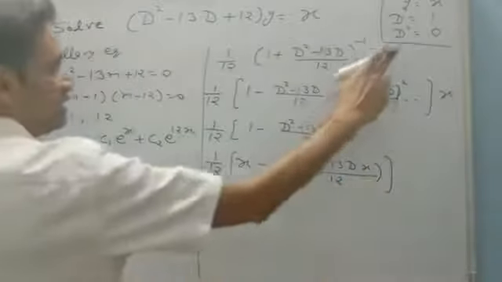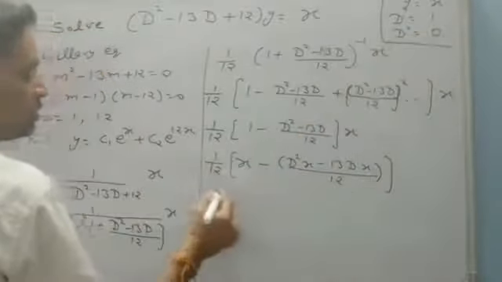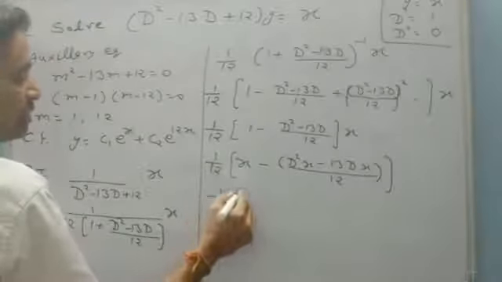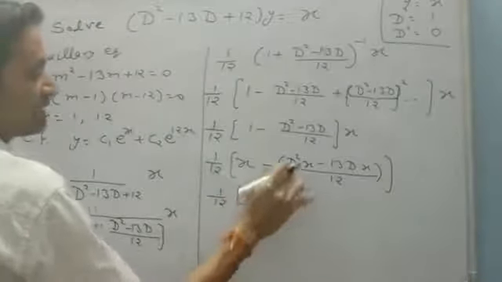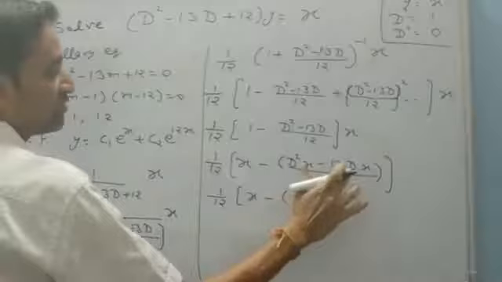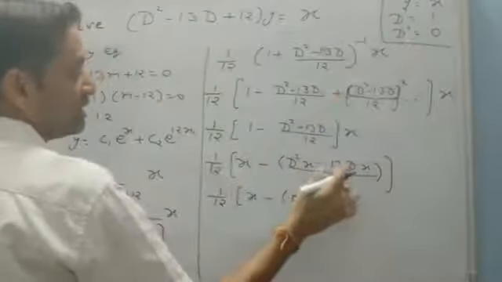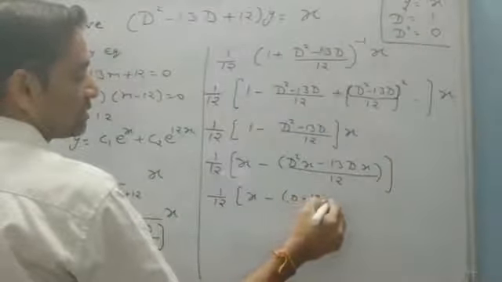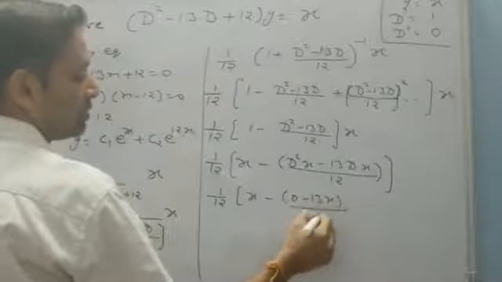You see here, second derivative of x will be 0. So the equation will become 1 by 12 x minus, this will become 0. First derivative will be 1, means 13x upon 12.